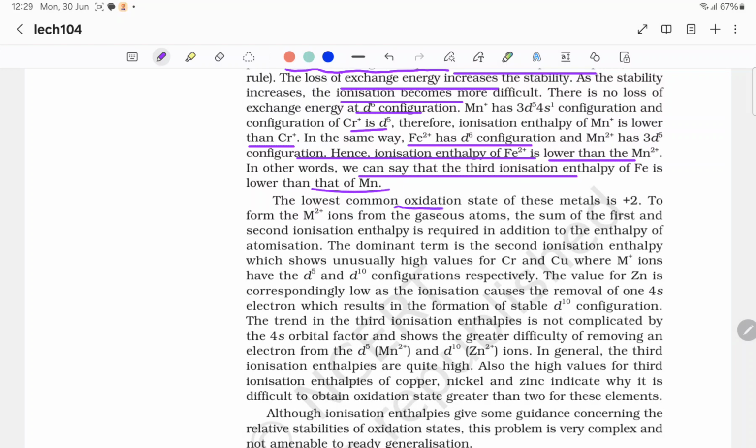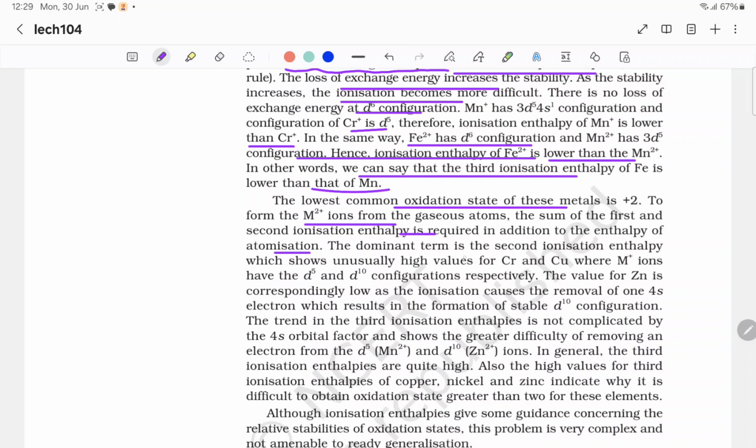The lowest common oxidation state of these metals is +2. To form the M2+ ions from the gaseous atom, the sum of first and second ionization enthalpy is required in addition to the enthalpy of atomization.